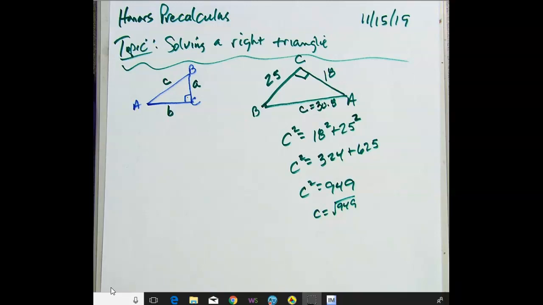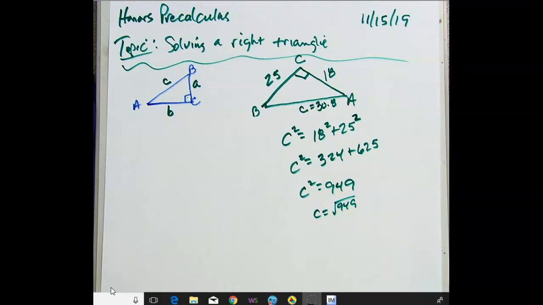For exact value, it would be the square root of 949. For an approximation, you have to take a look at what the directions are to any assessment. So in the book here, it's telling us to round values to the nearest tenth. So we would write this as 30.8.